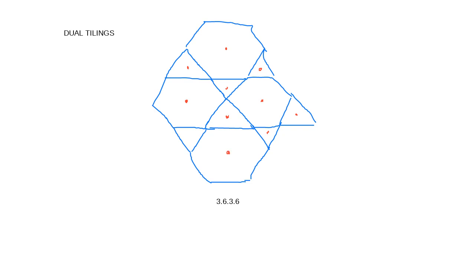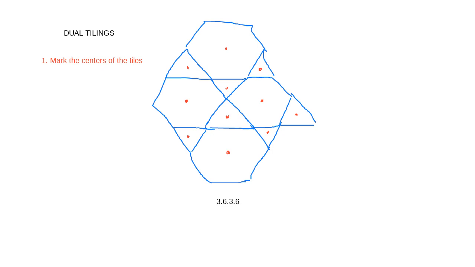So the dual tiling procedure is you start with, I'll write it here. 1, mark the centers of the tiles.